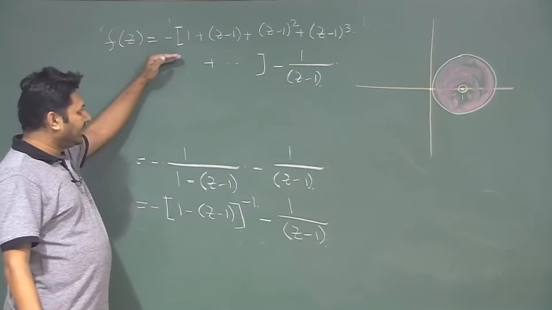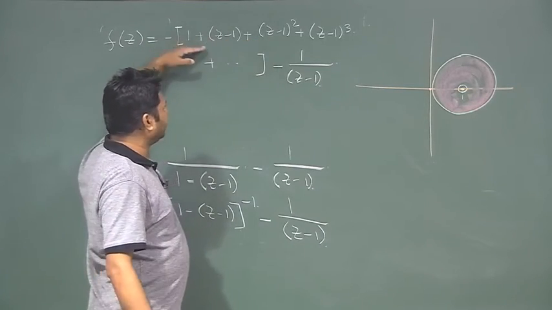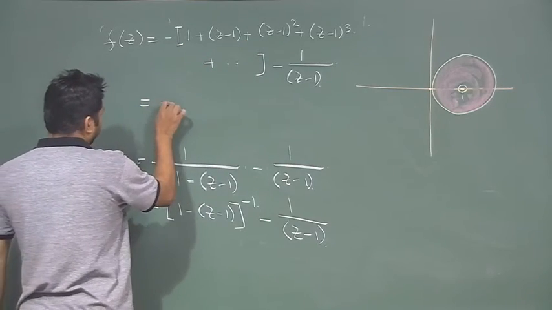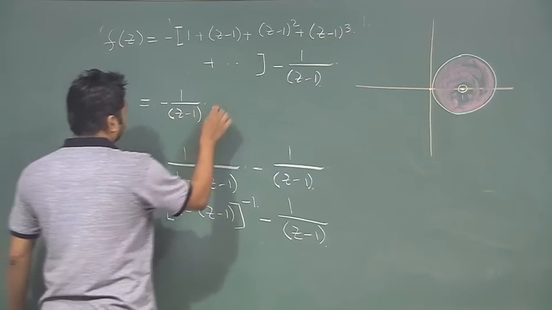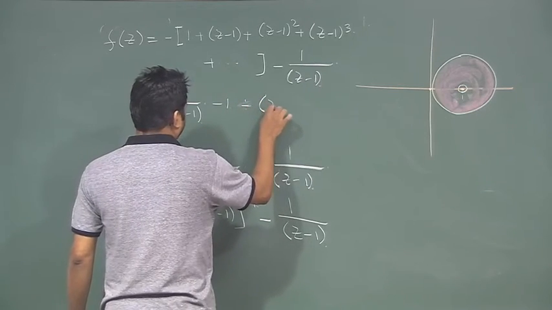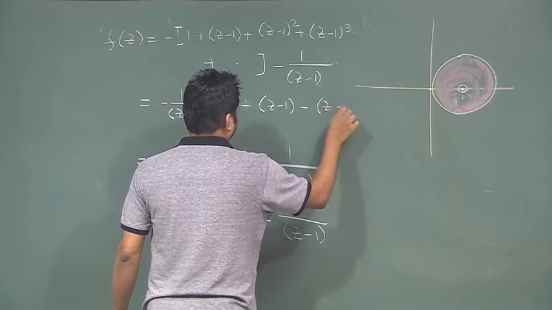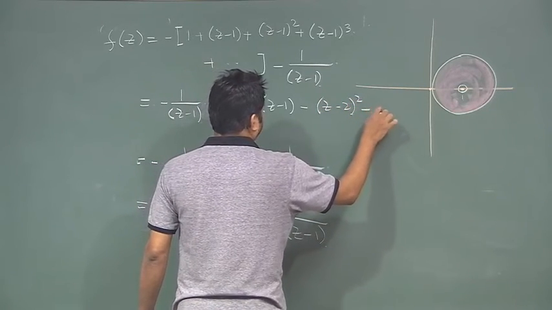So you can see again that I have a principal part here and an analytic part here. If I write in this form, it will be something like minus of 1 by z minus 1, then minus of 1 minus of z minus 1 minus of z minus 1 square and so on.